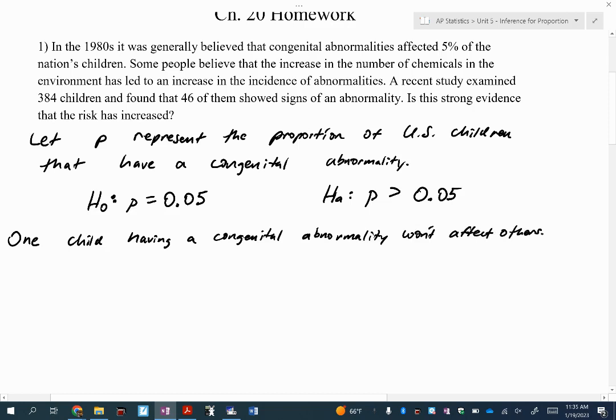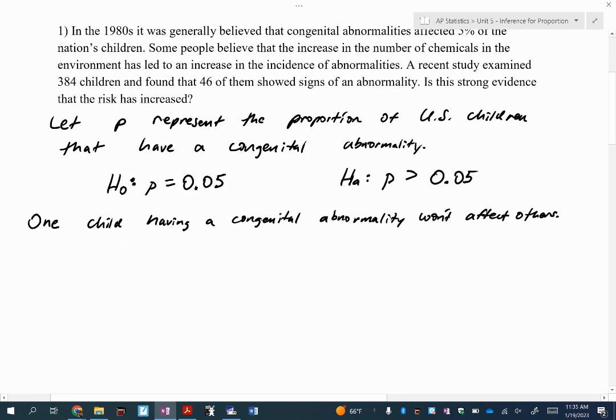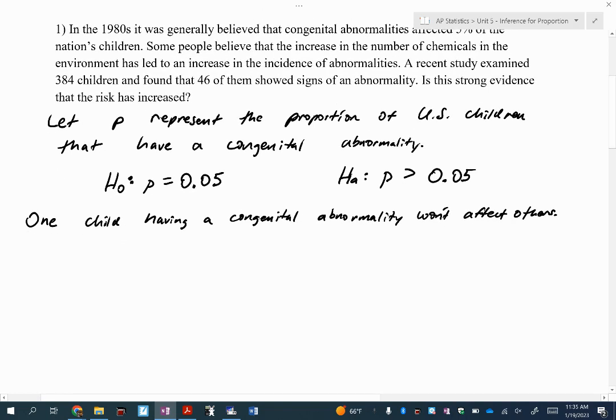Any concerns here? No. There would be one big concern if they're looking at a study of children that are related in some way. That would be a worry. But if it's random and they're not related, then I'm cool with it.